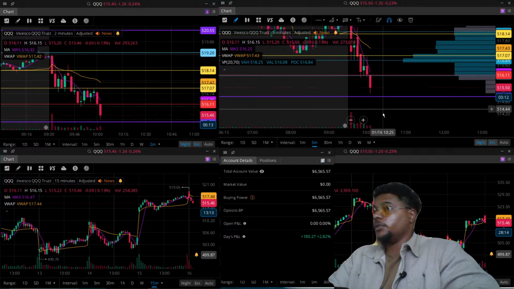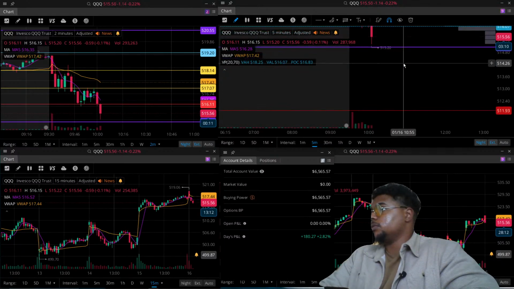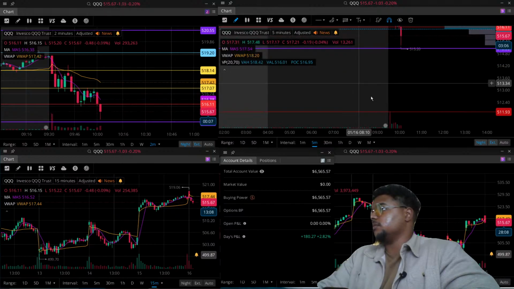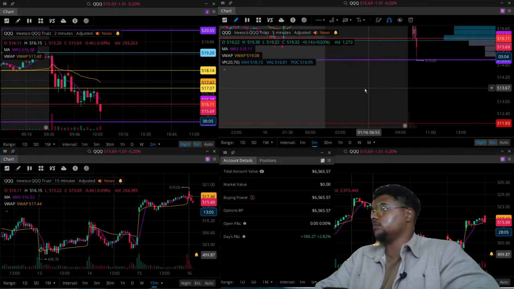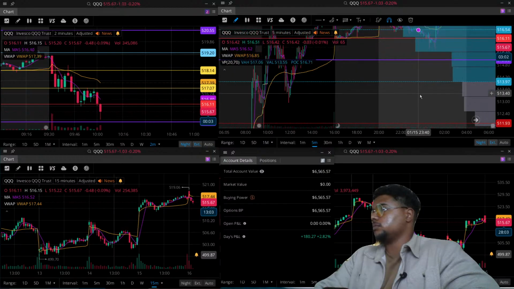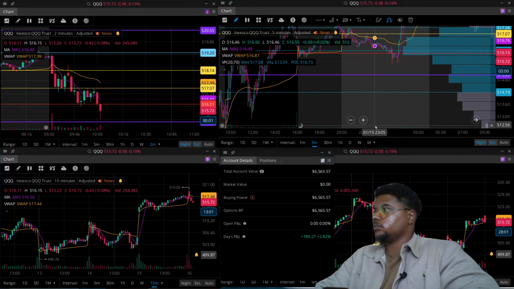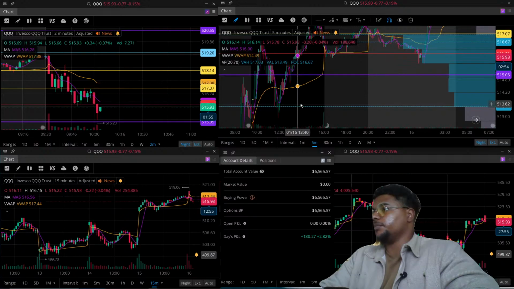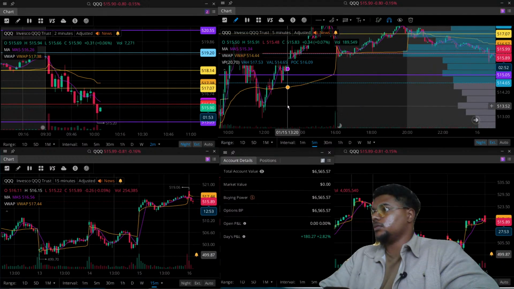What I need to figure out now is where is the next level? After that purple line, the next level, in my opinion, would be around here.